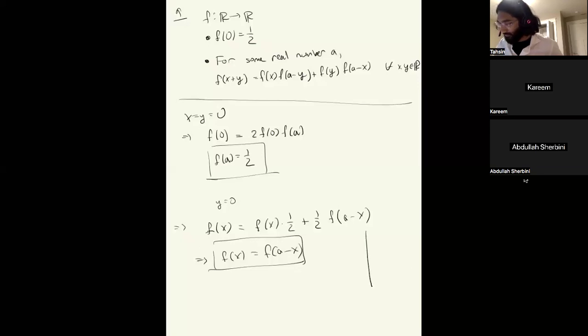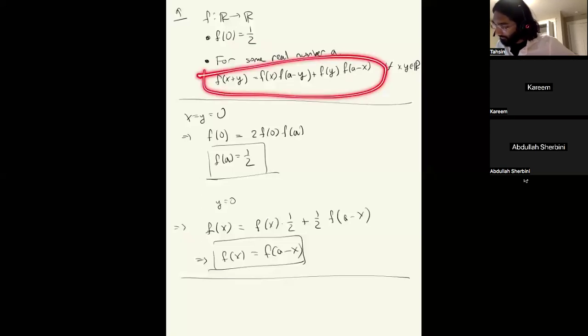We can rewrite the functional equation as f of x plus y equals 2 f of x f of y. How did you get there? So you're saying we should just work with the original form, right?